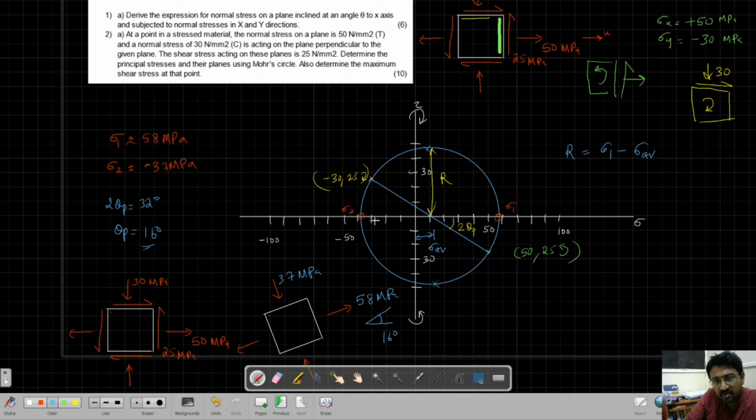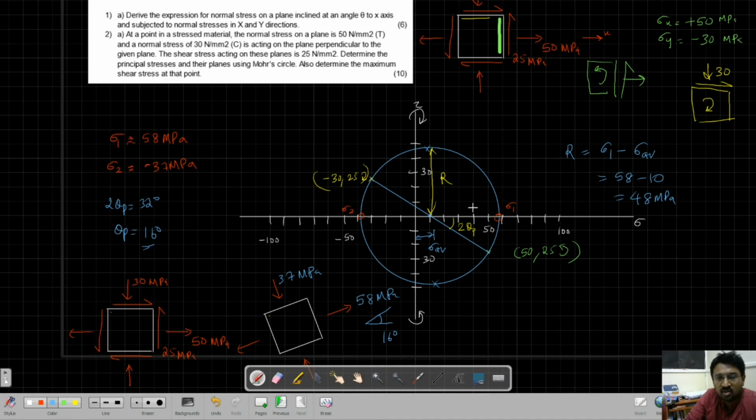Sigma average is nothing but the center of the circle. So my sigma 1 is 58 minus 10 equal to 48 MPa. This is the radius of the circle. So I have found the radius. This is radius, this is also radius, this is also radius. So this radius corresponds to the maximum shear.